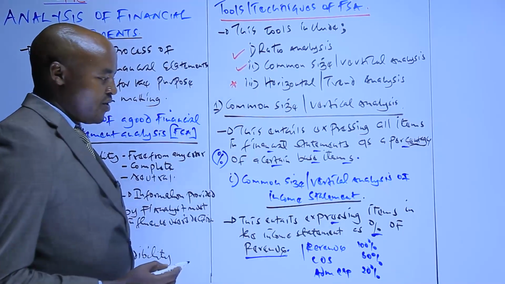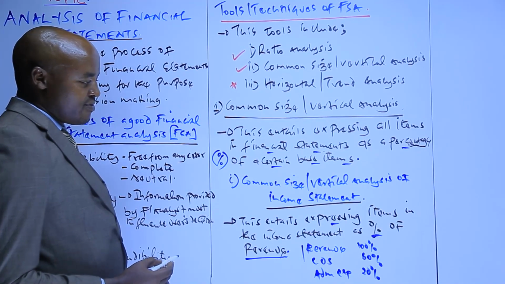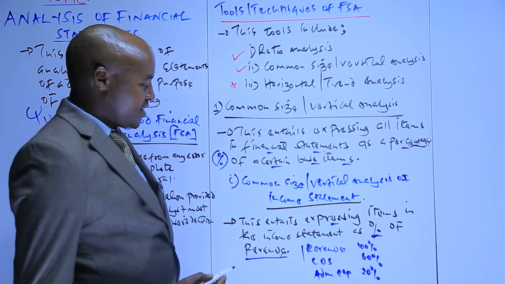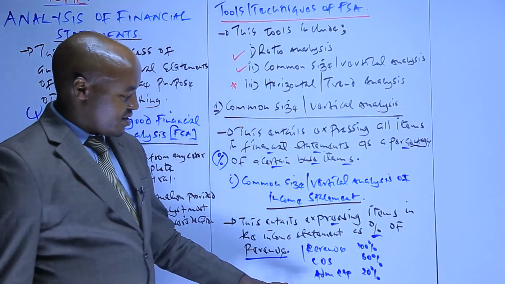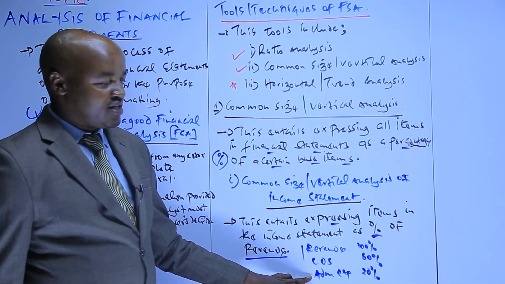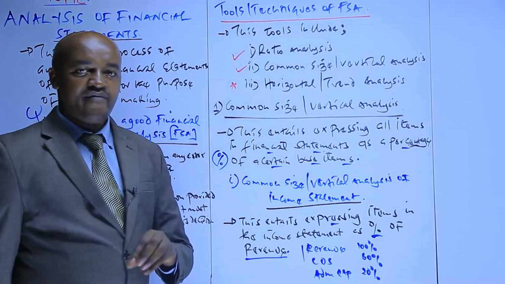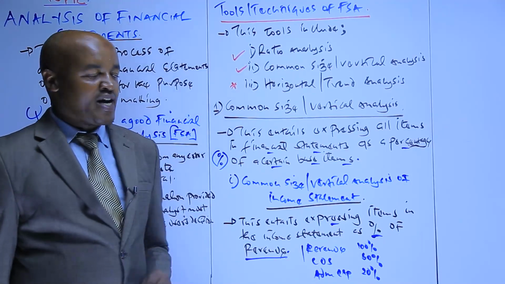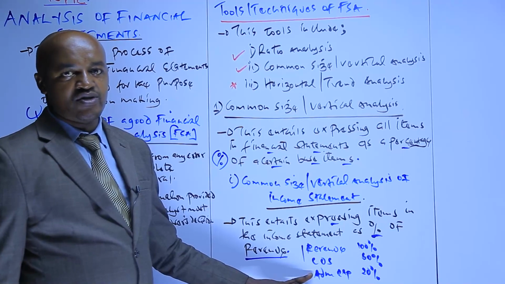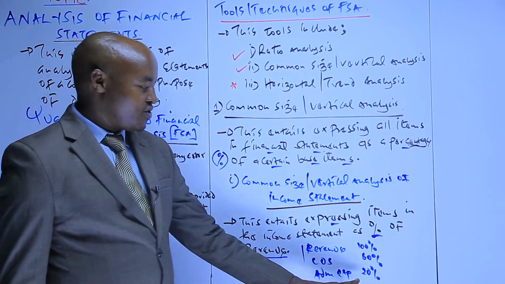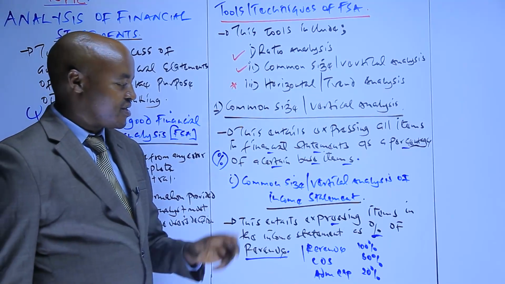So how is this particular information important to the management of the company? As a manager, you can see that the relationship between administrative expense and revenue is 20%. What that means is that for every 100 shillings of the revenue made by the company, 20 shillings is used to cater for administrative expenses.